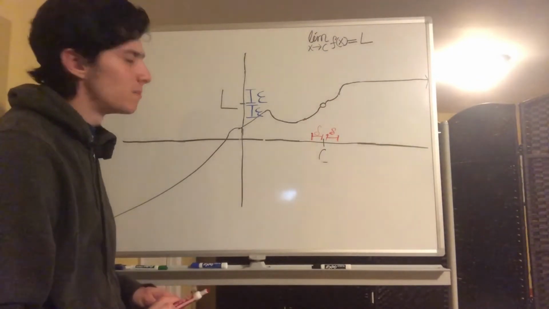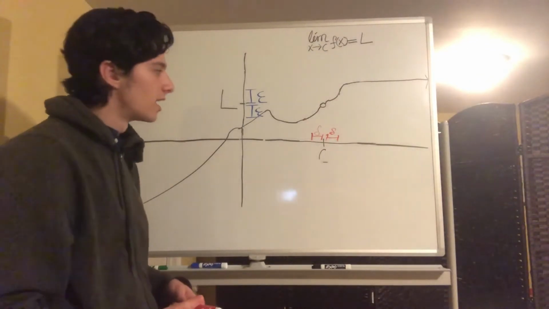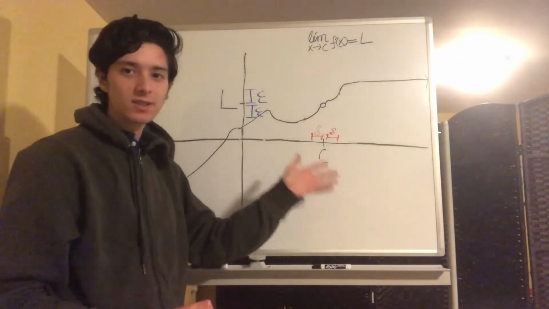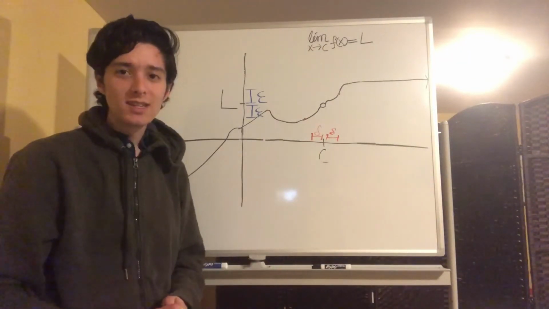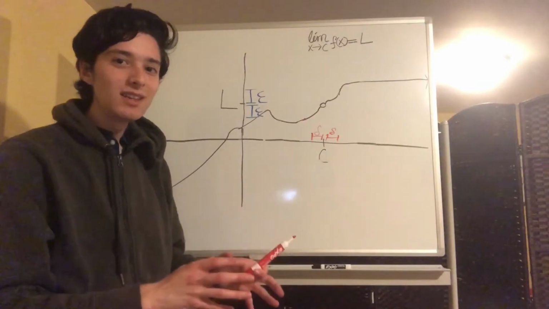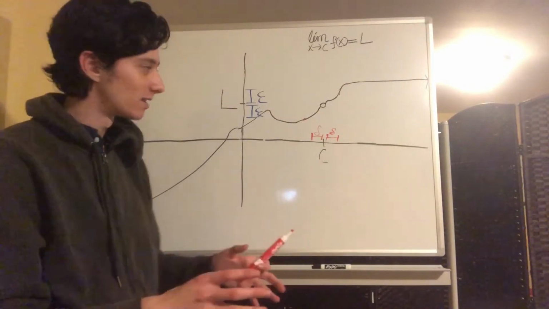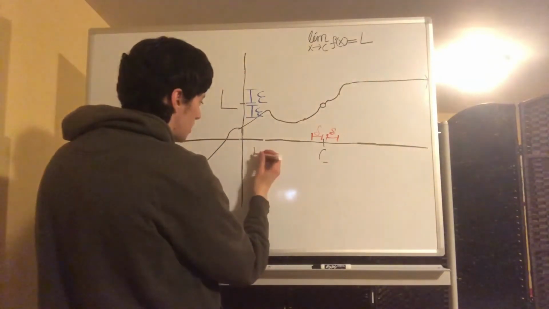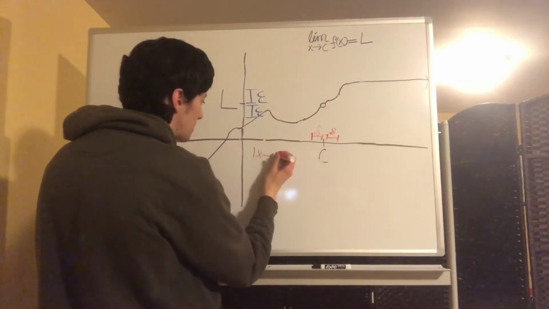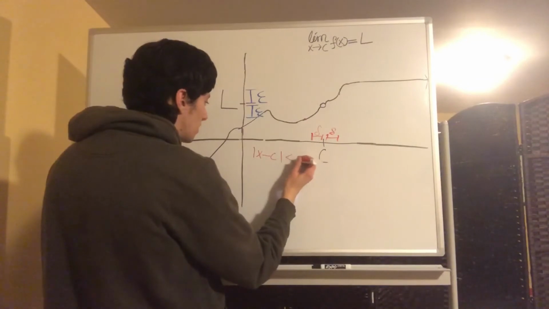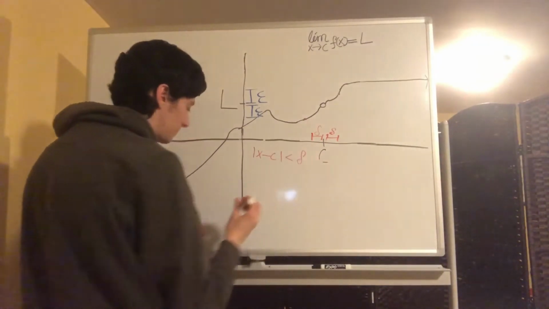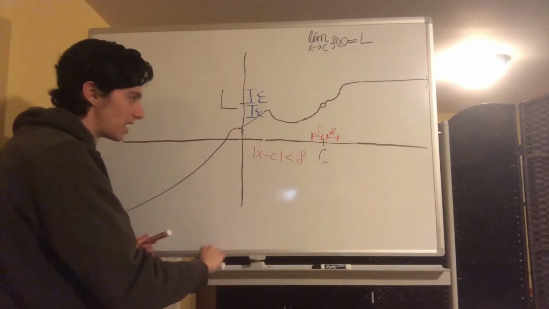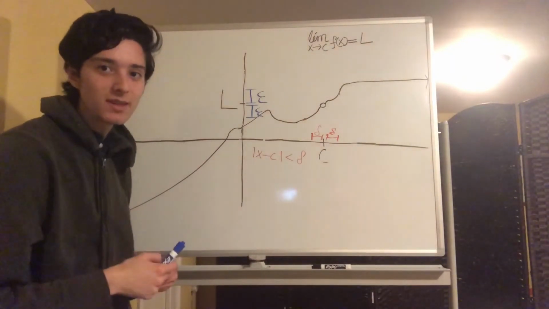So what does that mean? X being within delta of c. Well, the distance between x and c is always going to be less than delta. So we can write that, we can say the absolute value of x minus c is less than delta. And then from there, what happens?